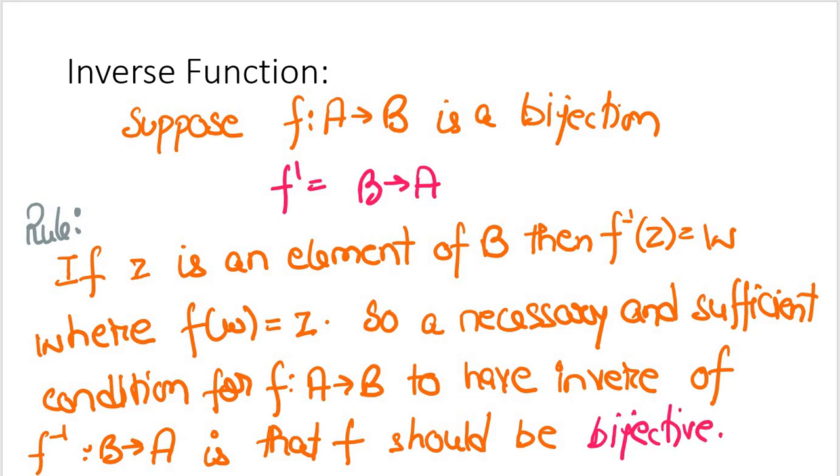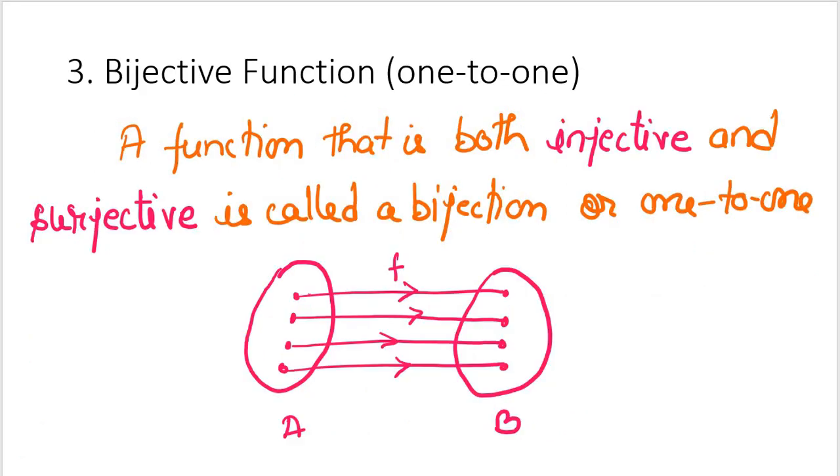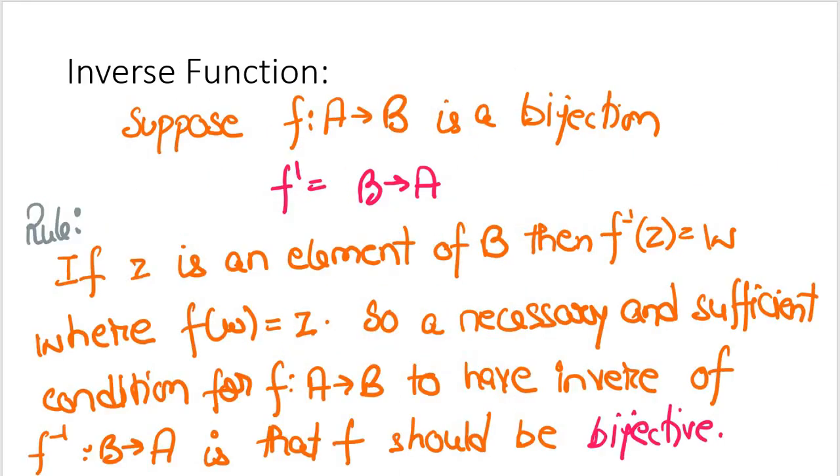Right, this is something which we need to keep in mind. The reason being bijective means one to one and onto, and only then will the inverse exist, because or else there will be some elements in B where we are unable to track the things. That's why we need a bijective function f, then only this particular thing is possible.